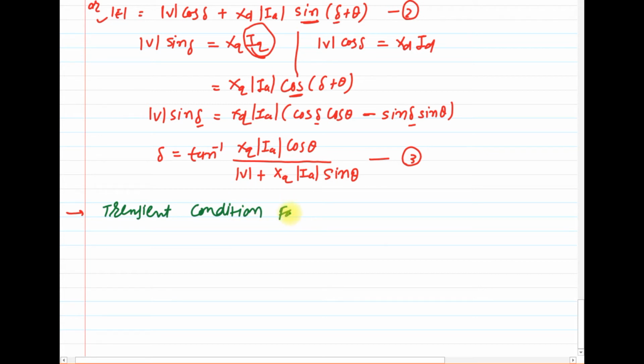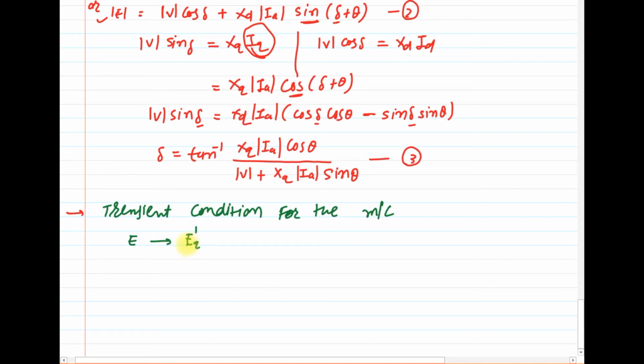We know very well, if we consider the transient condition, then the generated voltage E will become EQ dash.